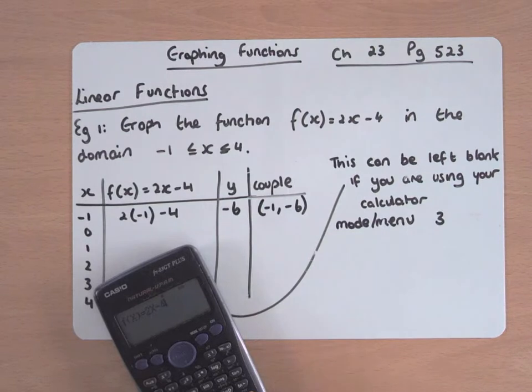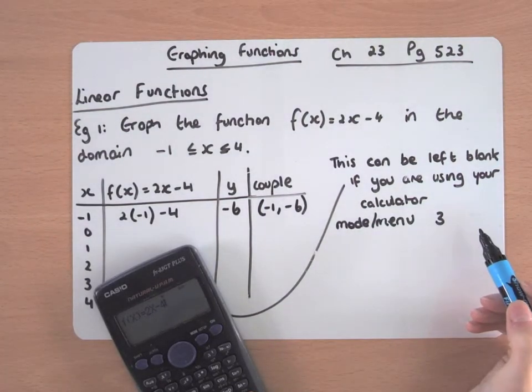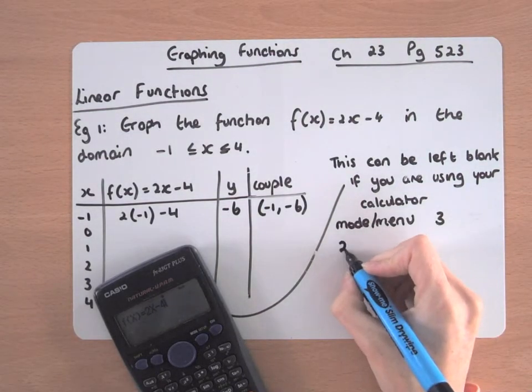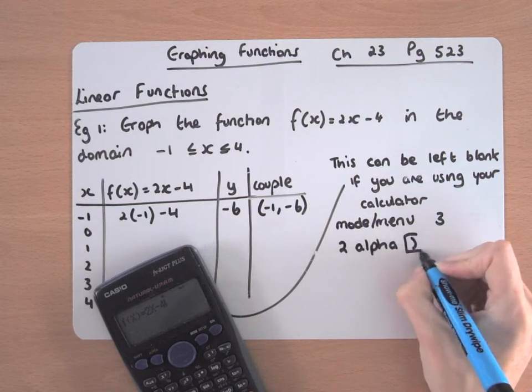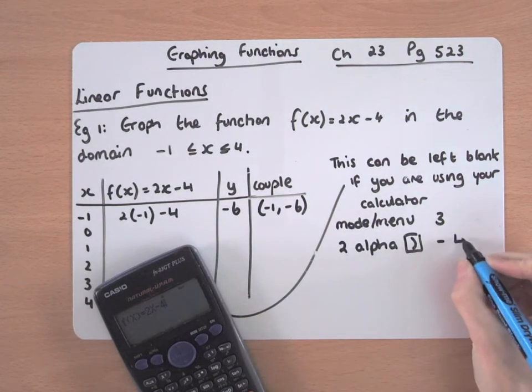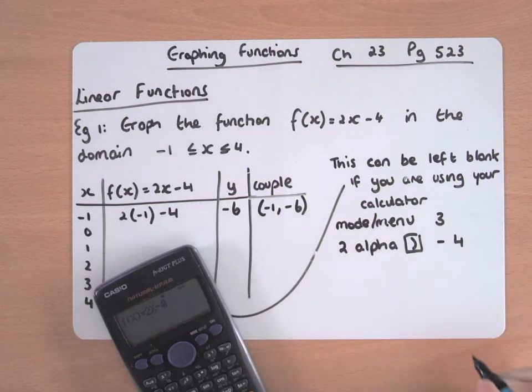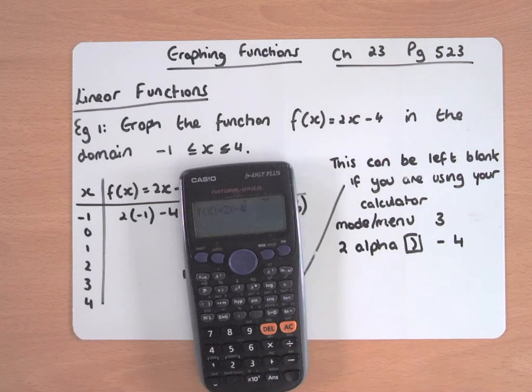Okay, so let's write that down. We've done mode 3. Then we do 2, alpha and the bracket, minus 4. 2x minus 4. Okay, you all with me? Then we need to press equals.